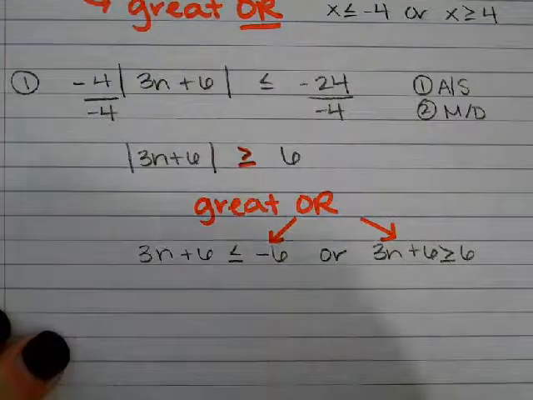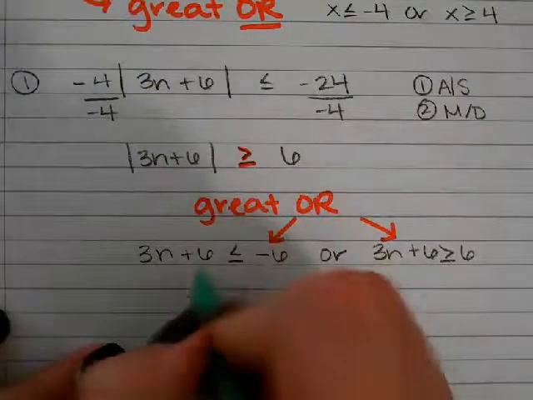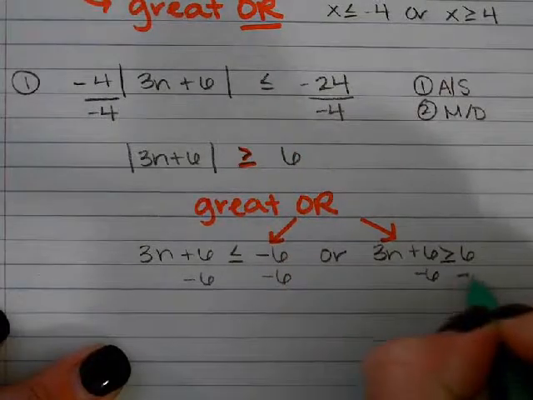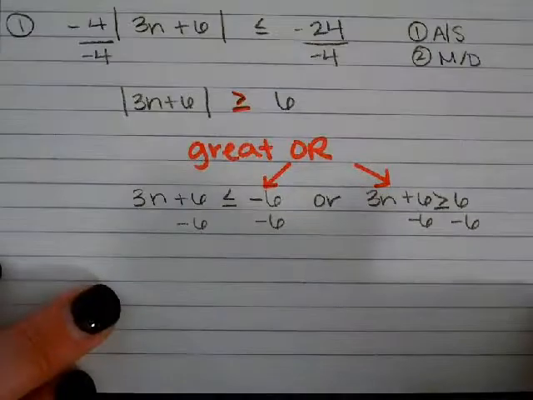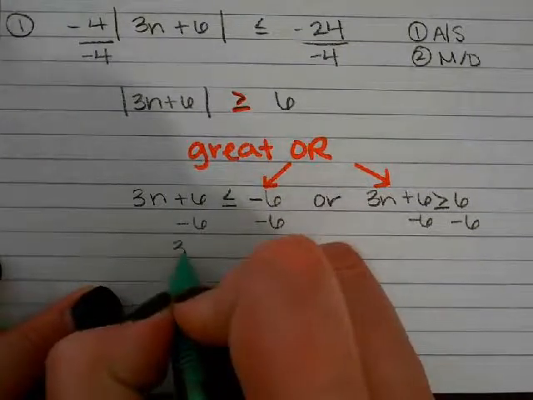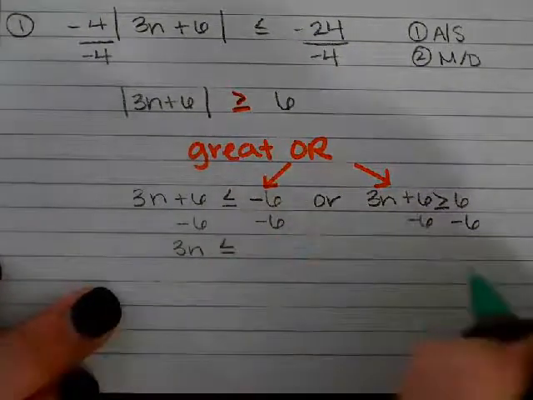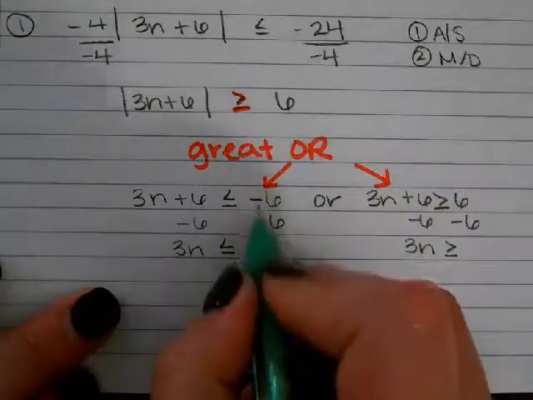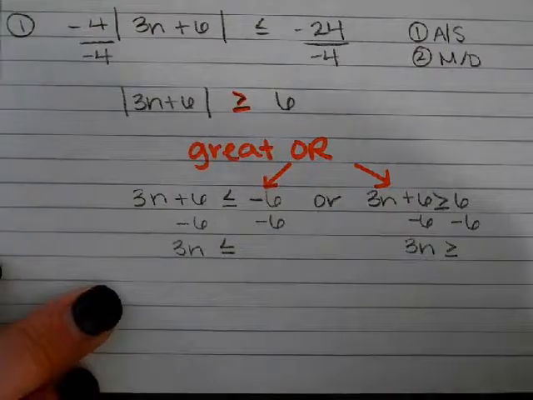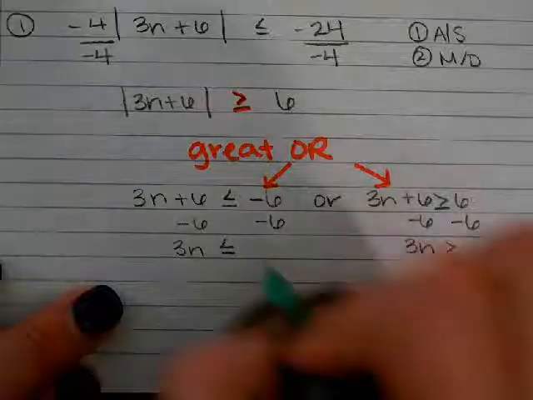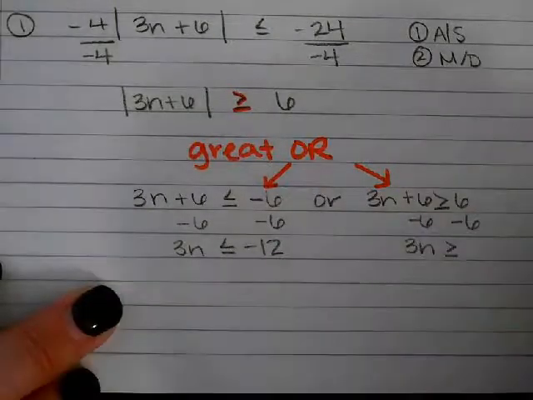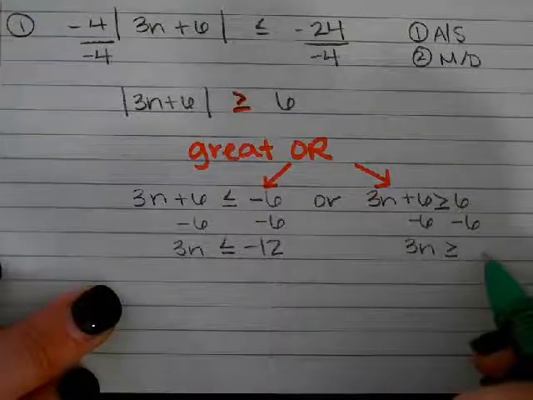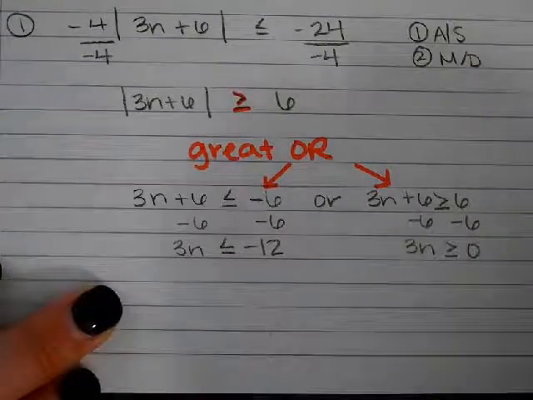Okay. 3n is less than or equal to -6 minus 6, -12. 3n is greater than or equal to 0, okay? And then what should I do? Divide by 3.